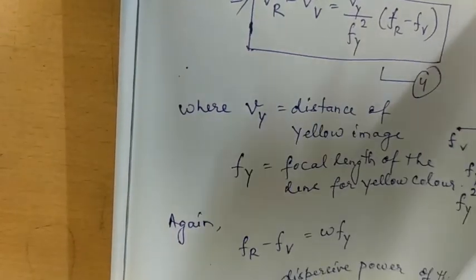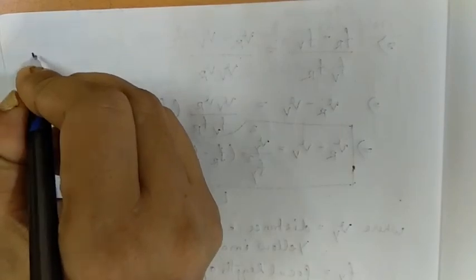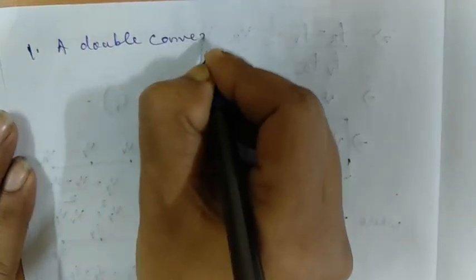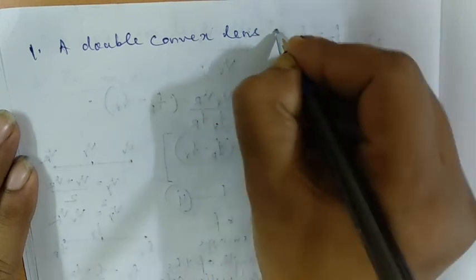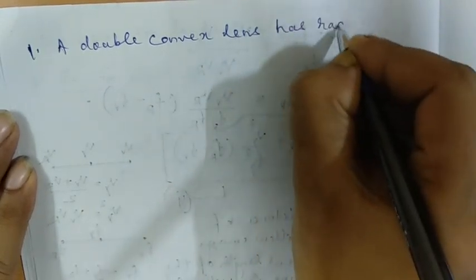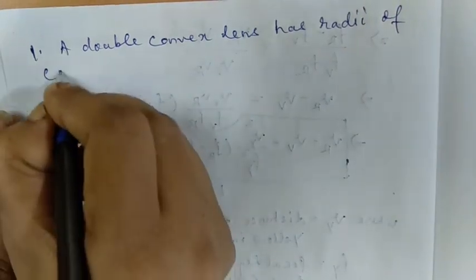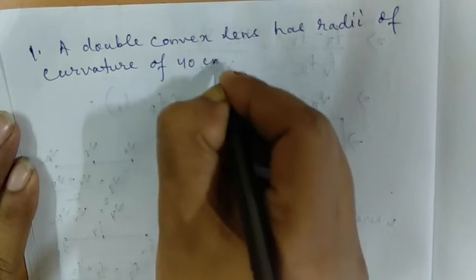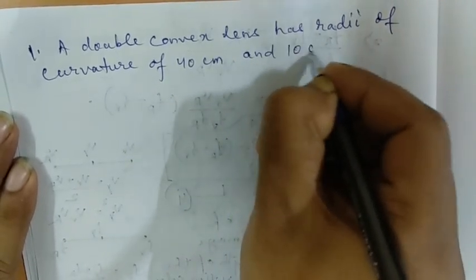Now let's do some problem related to this topic. Just write the question: a double convex lens has radii of curvature of 40 centimeter and 10 centimeter.